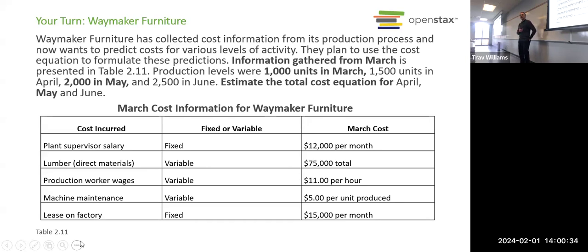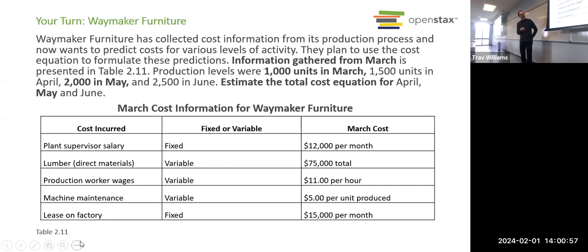No, because they're fixed, right? So it doesn't matter how much we produce. How about lumber, the variable cost? If it was $75,000 in March and we doubled our production in May, would that go up? Yes, it would double, right?